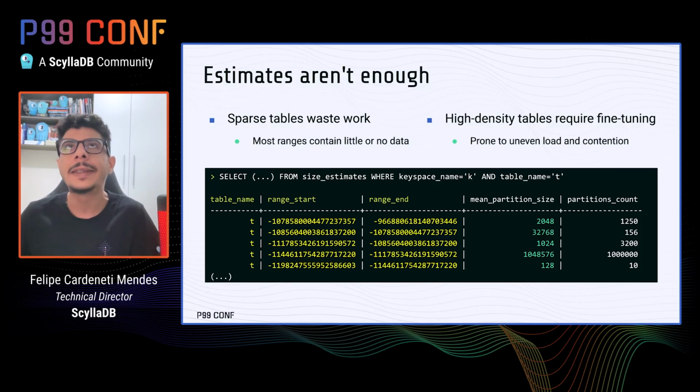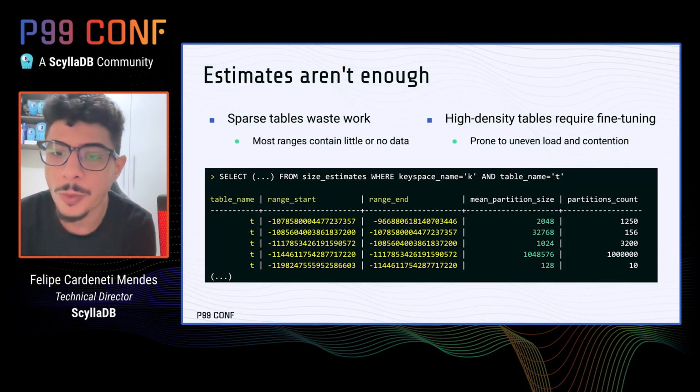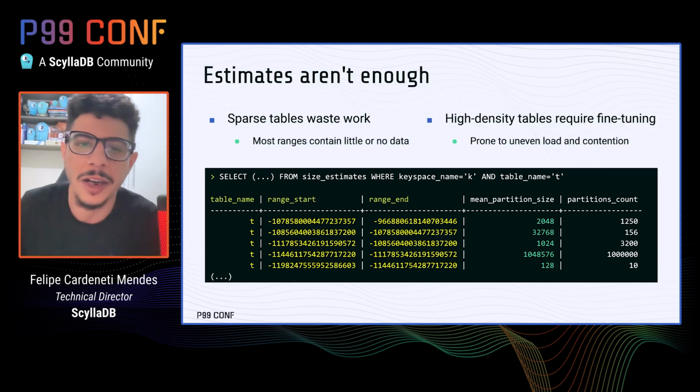Whereas you might have a need to also scan through high density tables, very large tables, in which you want many smaller queries until you traverse your entire token space.